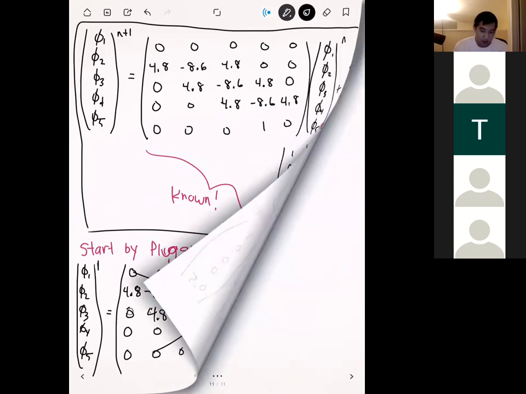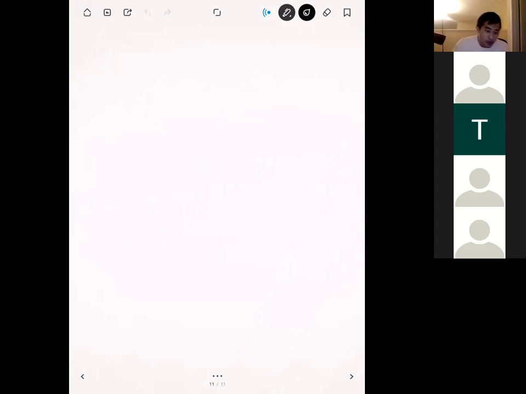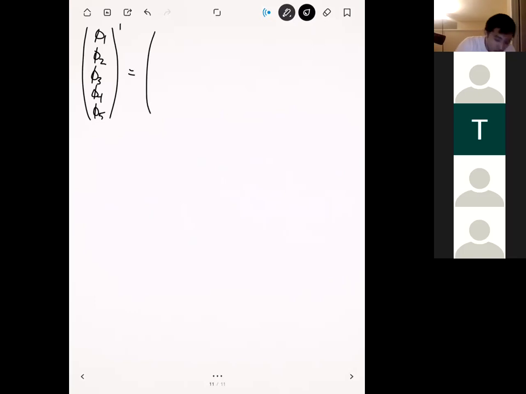Okay. And so, after we do that, then what we get is phi 1, 2, 3, 4, and 5 at the first time step is equal to 1, 0, 0, 0, 0.5.